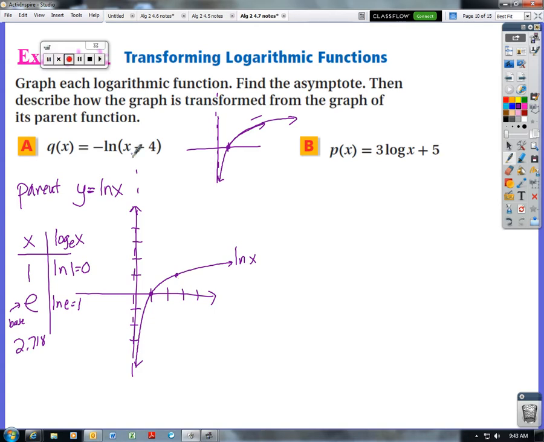Then we look at our transformations. We've got a negative out front, so that's a reflection over the x-axis. And we also have a -4 inside with the x, so that's going to be a back and forth movement in the opposite direction. Since it's -4, it's actually going to the right 4.